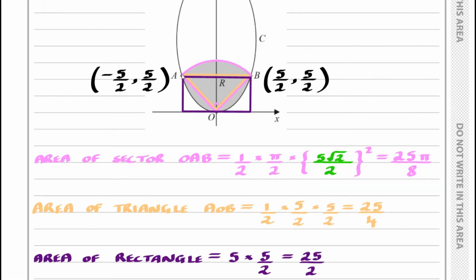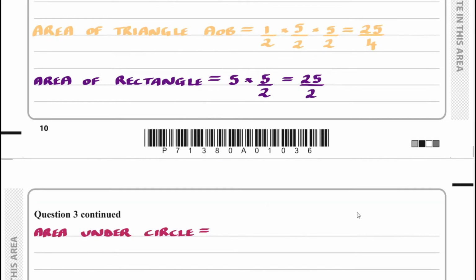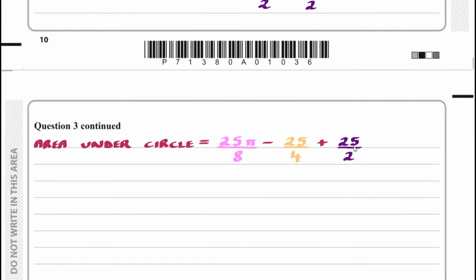And now what we can do is find out the area under this circle. So that area is equal to the 25π/8, which was the sector, subtract the area of the triangle 25/4 plus the area of the rectangle 25/2, and working this out we get 25π/8 plus 25/4.